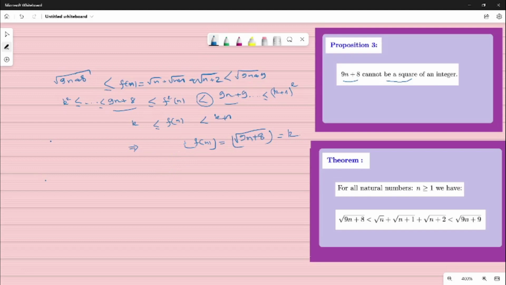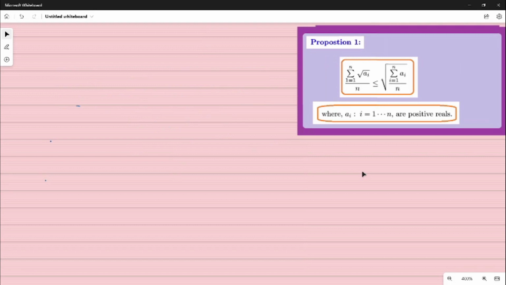Let's go and prove these results. Let's prove first the proposition 1.